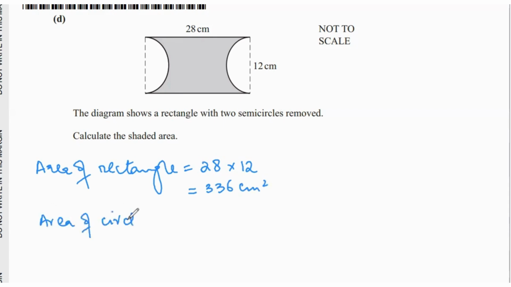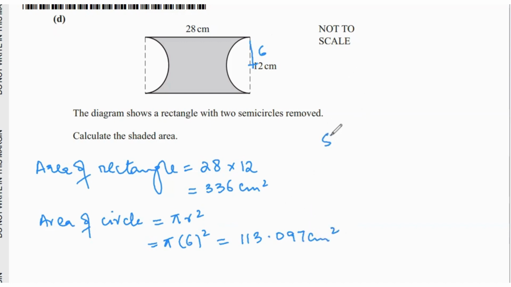When we find the area of a circle, the reason why I'm doing area of a circle instead of two semicircles is because it's the same semicircle. And when you join it together, it's going to make a full circle. So just directly do area of circle, pi r squared. r is half of 12, which is 6. So pi times 6 squared. And that gives us 113.097 centimeters squared.